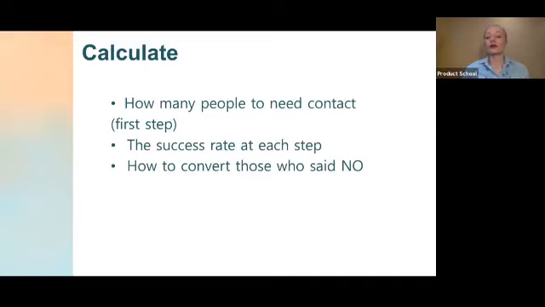What would be the success rate at each step? So how many users will you get at each next step? And as I said, try to convert those who said no at each step. This is the way you can maximize the success rate.